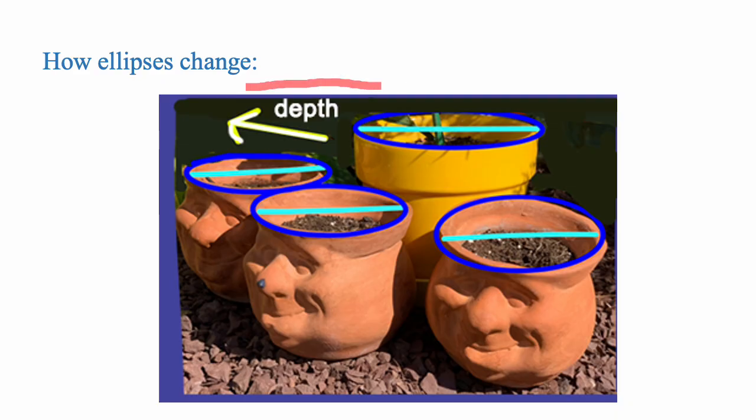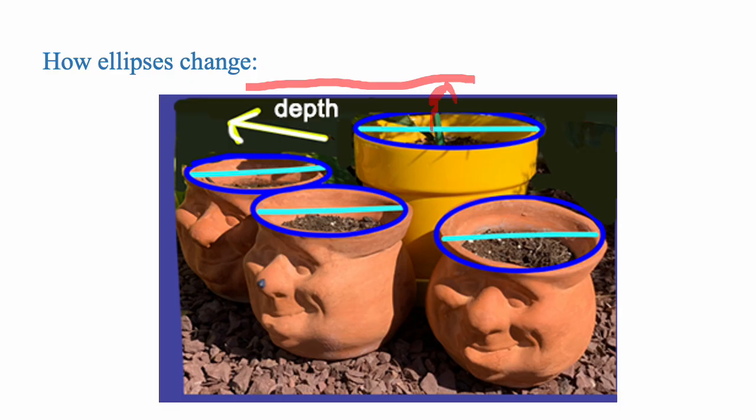So let's say that this is eye level. The yellow vase is taller than the rest, so its ellipse is pushed vertically up close to eye level, and it narrows quickly because the vertical direction is the shortest path to eye level.